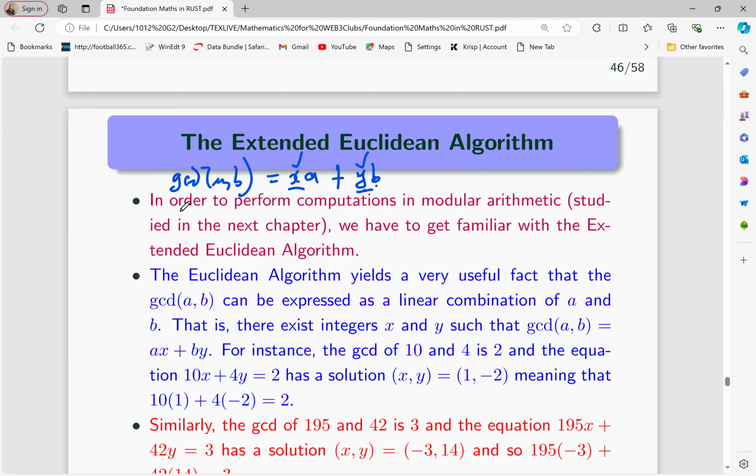So I've said here, in order to perform computations in modular arithmetic, we have to get familiar with the extended Euclidean algorithm. We saw how the extended Euclidean algorithm was very important when we were looking at our calculations earlier. It was important almost everywhere, even in finding the inverse and so on.